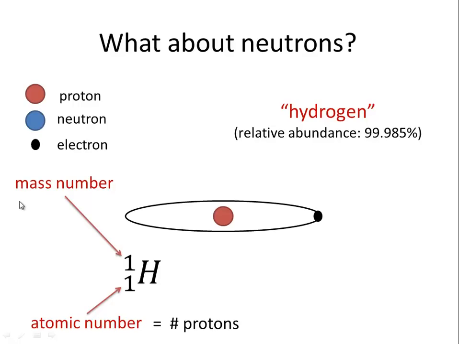The mass number, by definition, gives you the total of the number of protons and the number of neutrons in the nucleus. So for this form of hydrogen, there's only one proton, there are no neutrons, so the mass number is 1. It's 1 over 1 for this particular type of hydrogen.